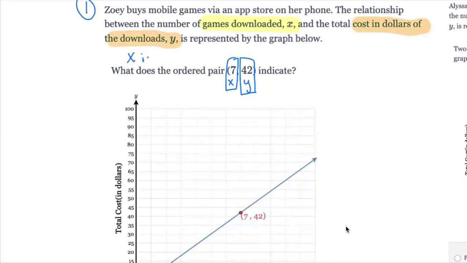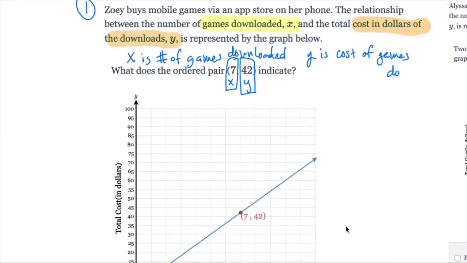X is the number of games downloaded, and Y is the cost of games downloaded. So X is the number of games, Y is then the cost of those games.